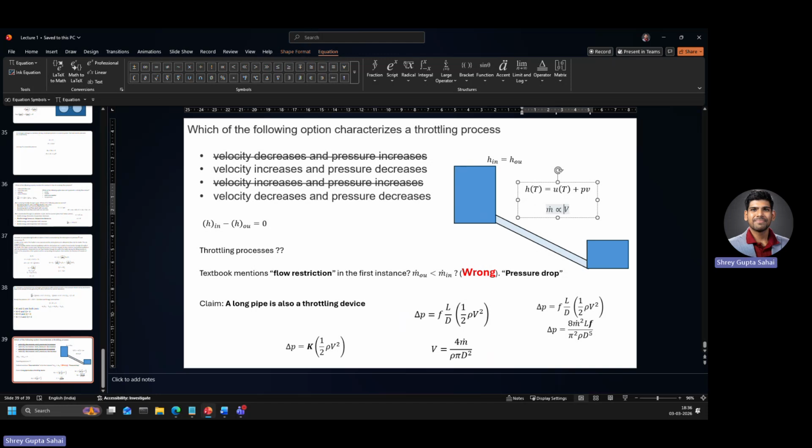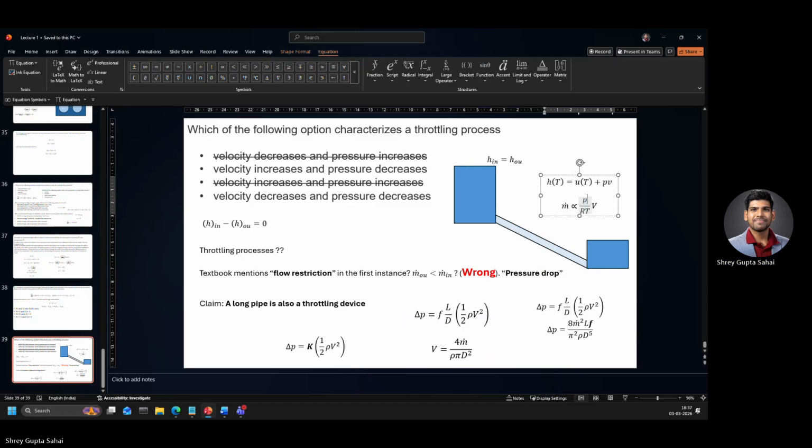Now, rho is what? P by RT. Now I know that P will drop. What about temperature? Or what about density?